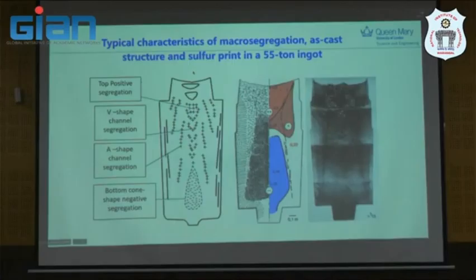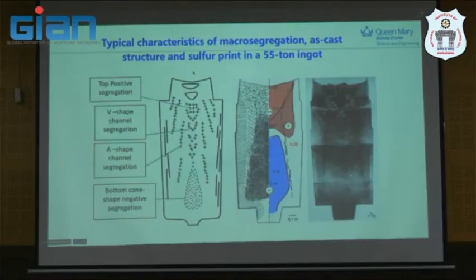So during solidification, the ingot will always show segregation, and we can find macro segregation in the center of the ingot.